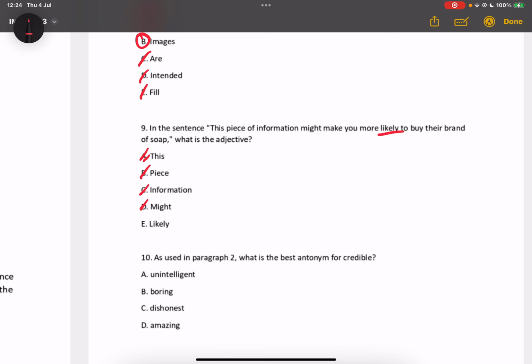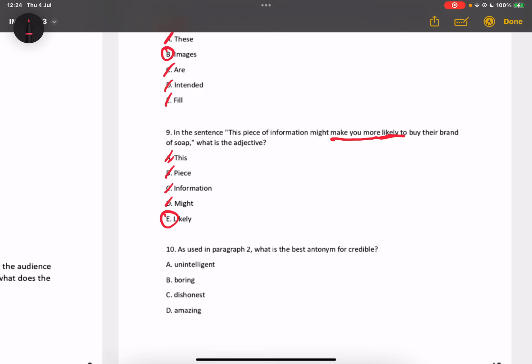Many would say that likely is an adverb at first, but here it's saying make you more likely. It's like making you more happy, making you, whatever other adjectives. So in this sentence, likely is going to be the adjective.